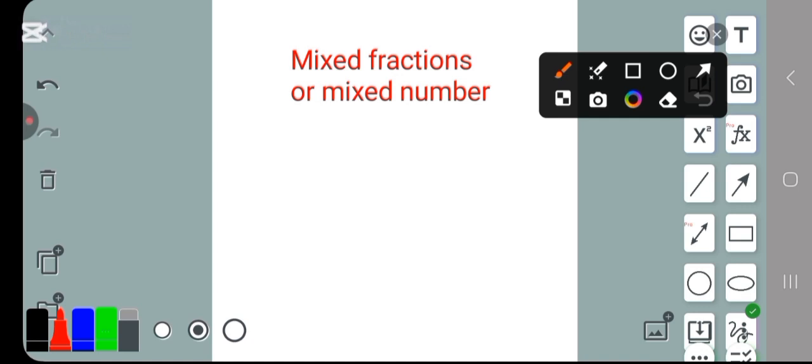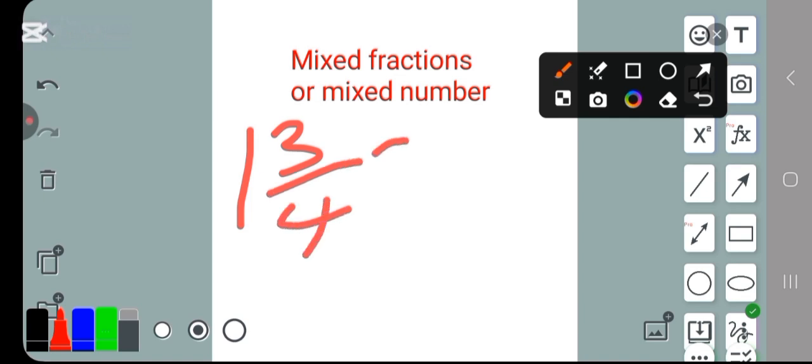Mixed fraction, 1 whole number, 3 over 4. Let's convert to an improper fraction now. 4 times 1. This 4 is the denominator. Multiply this whole number, 1. It gives us 4. Plus this numerator, 3. It gives us 7. So 7 over 4. That's how we get it.